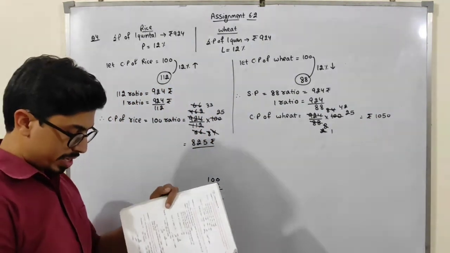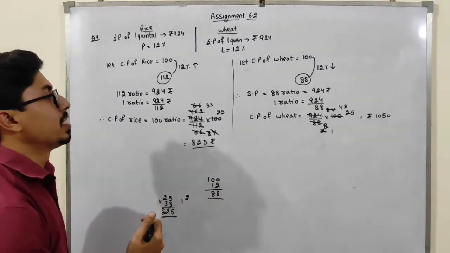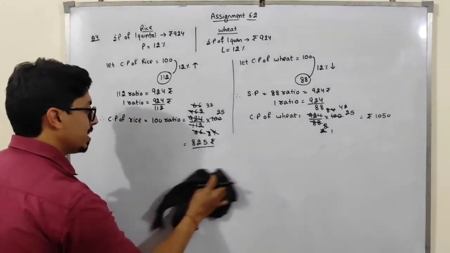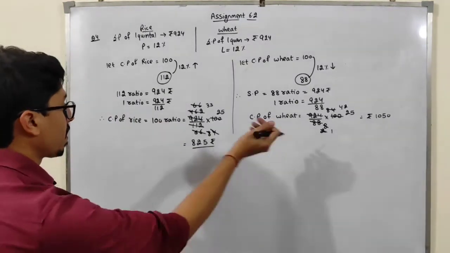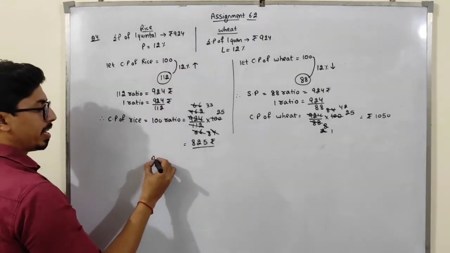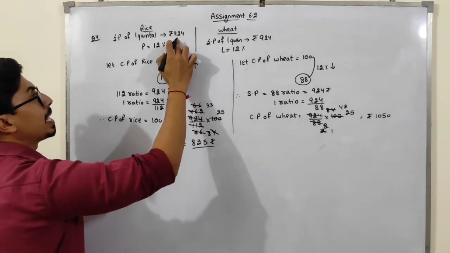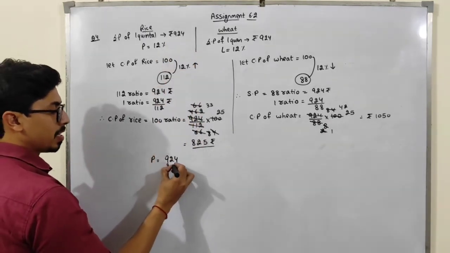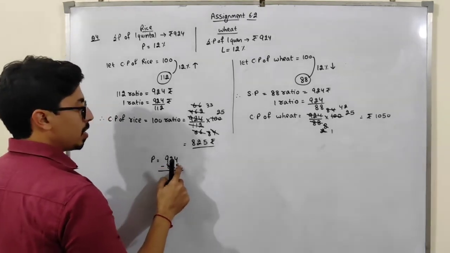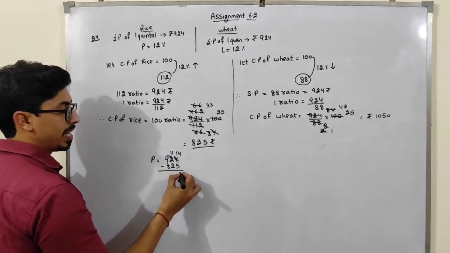Okay. Now see, in the third part, again on the loss percentage of the whole transaction. On the whole transaction I have to find out, that means CP is this, SP is this. So here he is getting a profit of how much? Just subtract these two, because selling price minus cost price is my profit. So if I just subtract, students, how much will it be? 14, 11, so 9.